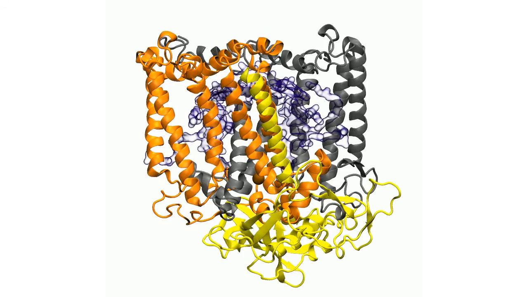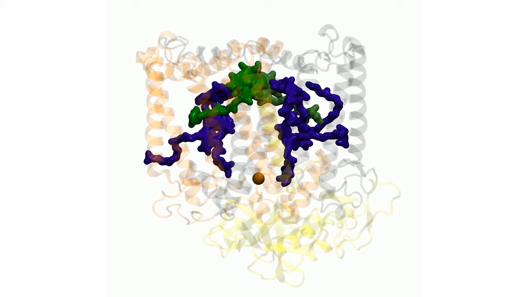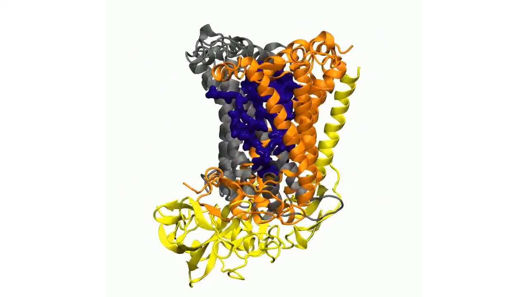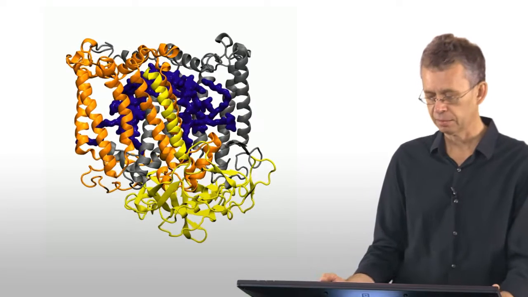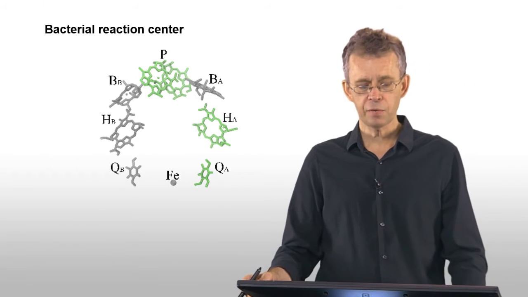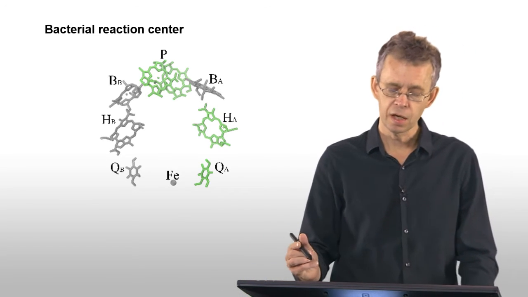These are cross-membrane proteins, and inside, shown in blue, you can see those cofactors, and as they light up, you can see electrons moving across the membrane.